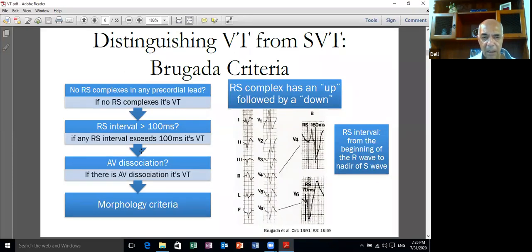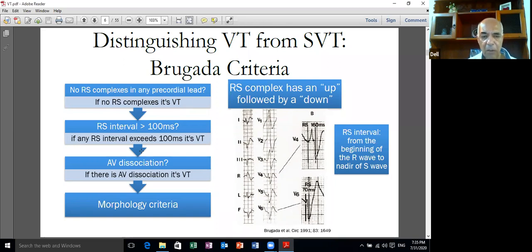If there is a transitional zone, then you move to the next step and measure the interval from the beginning of the QRS to the nadir of the S wave. If it's more than 100 milliseconds, that's ventricular tachycardia. If not, you move to the third step, which is AV dissociation, that I just explained before.